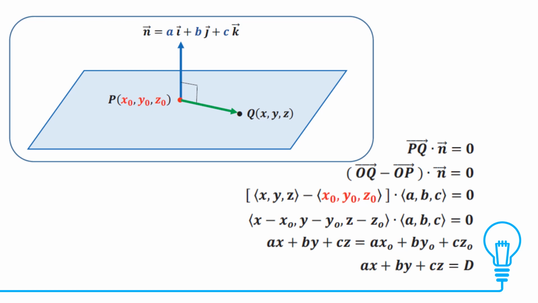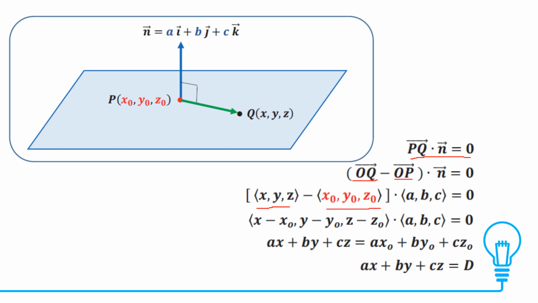By referring to the diagram, we can say that vector PQ dot with vector n equal to 0, and vector PQ is equal to vector OQ minus vector OP. And basically vector OQ equal to x, y, and z, and vector OP equal to x0, y0, and z0.